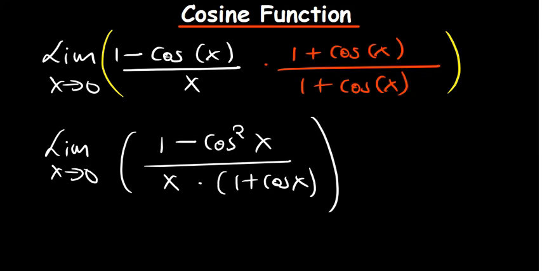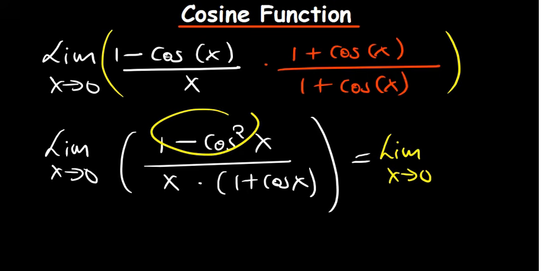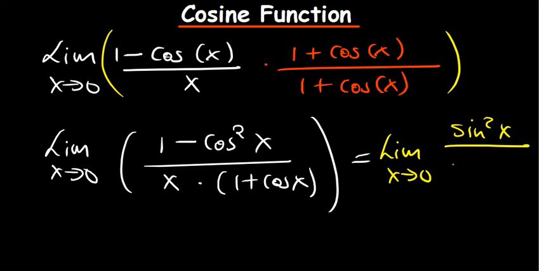If we simplify, it is the limit as x approaches 0 of 1 minus cosine squared of x, which from trigonometry we know is sine squared of x, over x multiplied by 1 plus cosine of x. Now at that point we can actually break it down.